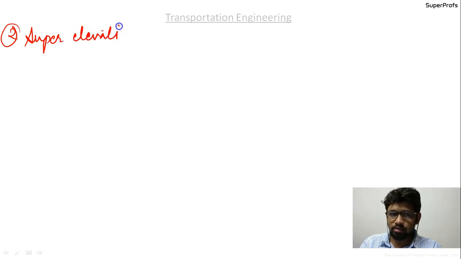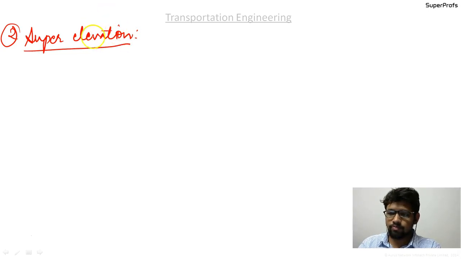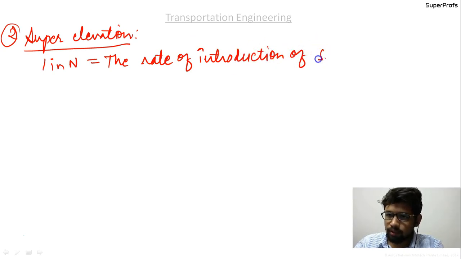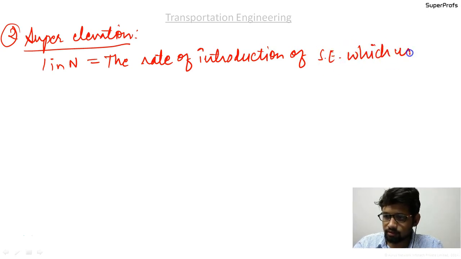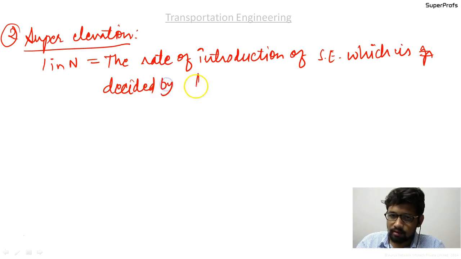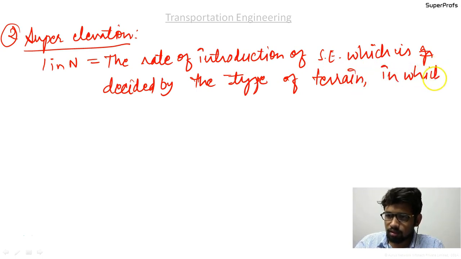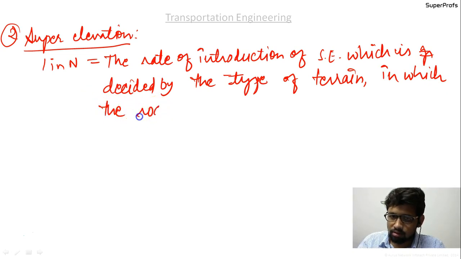It is given as 1 in n, the rate of introduction of super elevation, which is decided by the type of terrain in which the road is passing.